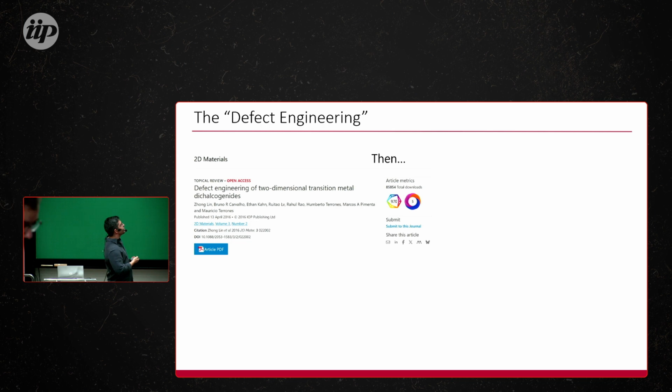Usually, we see defects as something bad. How I started to work with defects was actually 10 years ago. We will soon complete 10 years since the publication of this paper, in 2016. We didn't know much about defects at all. We only saw them as imperfections, and those imperfections were something that we didn't want to have in our material.